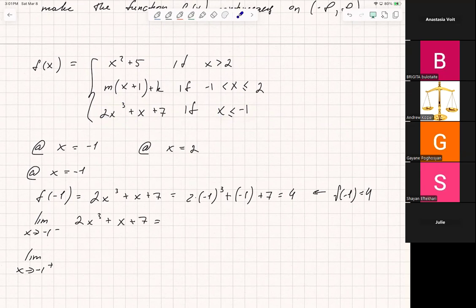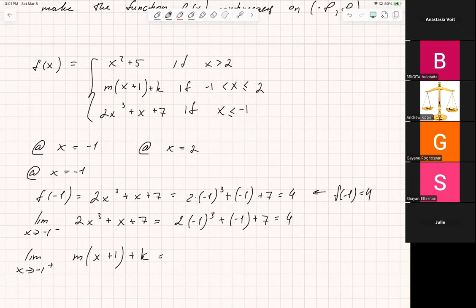There's no problem with just plugging -1 into this function, and we have 2 times -1 cubed, the same thing as when we were evaluating the function. So we have 4. And for the right side, we will be using this function, m times x plus 1 plus k. So m times -1 plus 1 plus k.